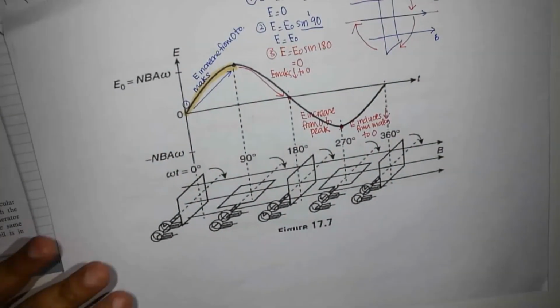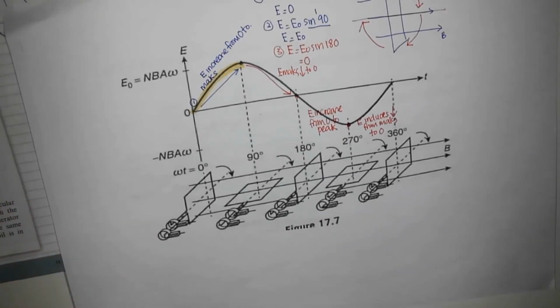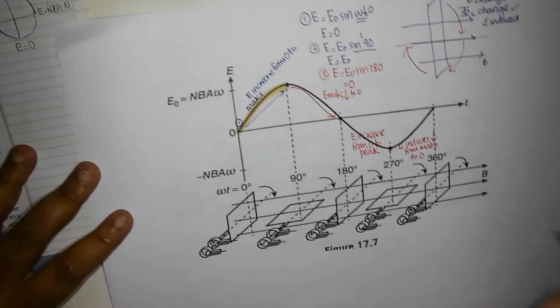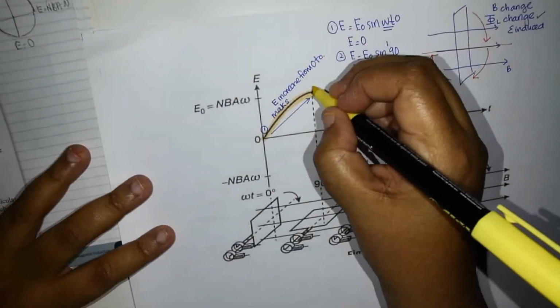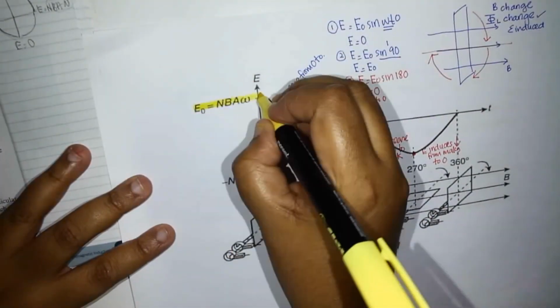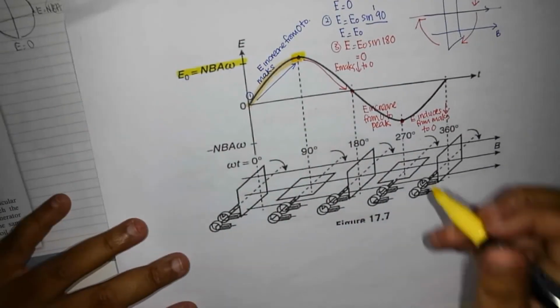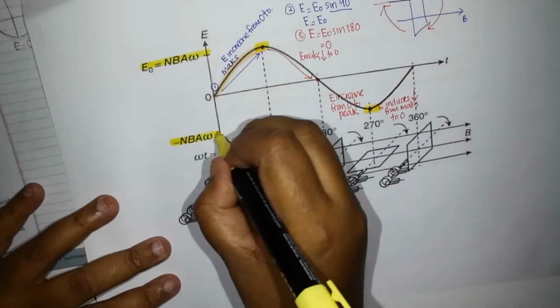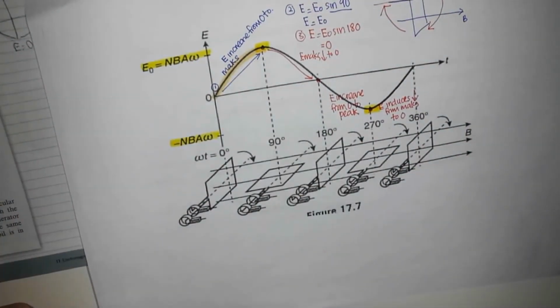If you look at the graph, what can you say? First, the peak EMF is NBA omega. You see the peak here is negative NBA omega.